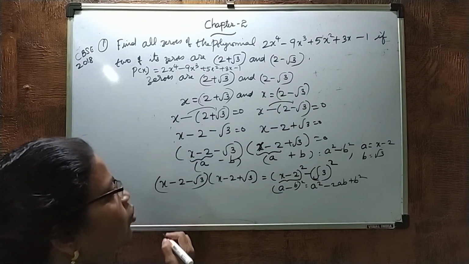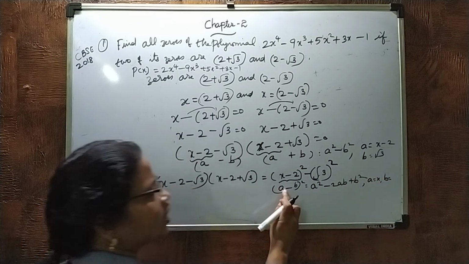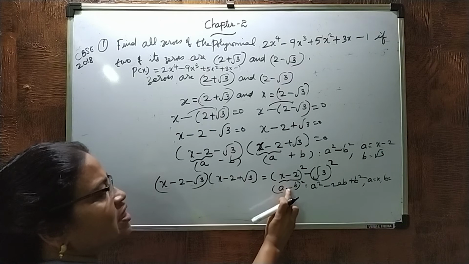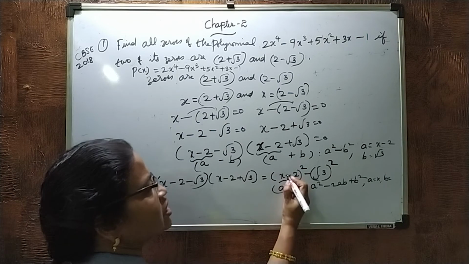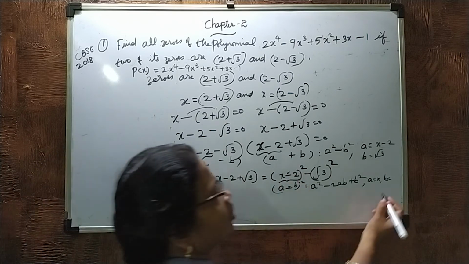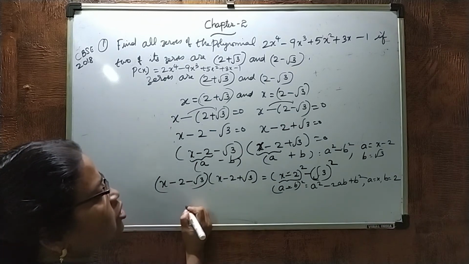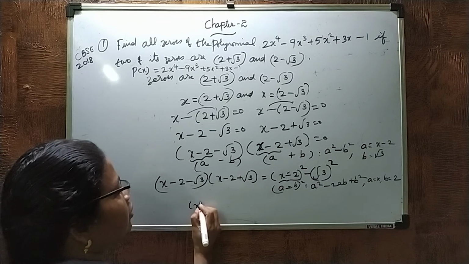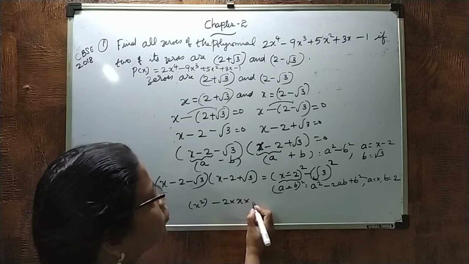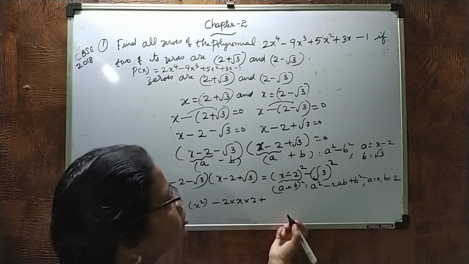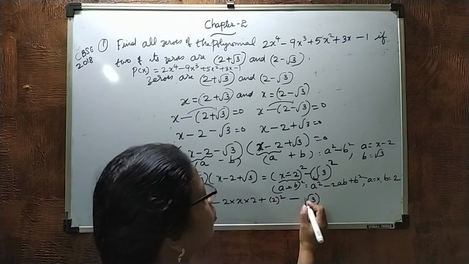So a is equal to x and b is not negative 2; here the minus is there, this minus is here. Many of the students make mistakes about that. So what is b then? b is equal to 2 only. So just expand: x minus 2 the whole square is equal to x square minus 2 into x into 2 plus 2 square, and then minus root 3 the whole square.